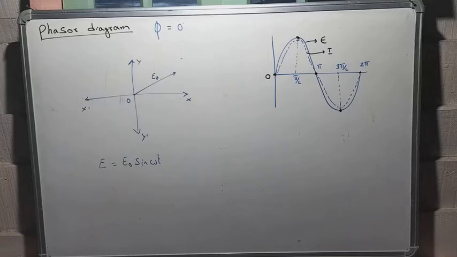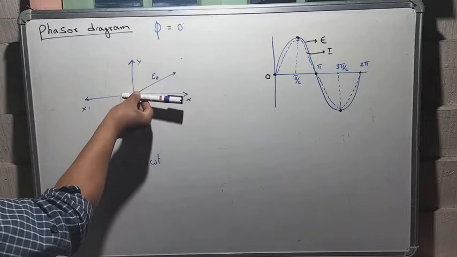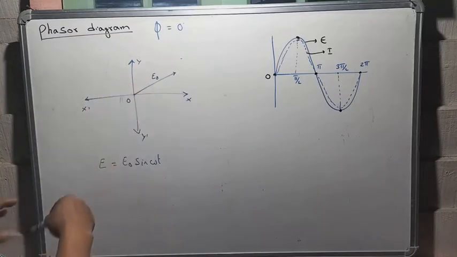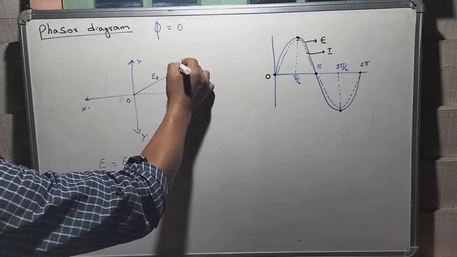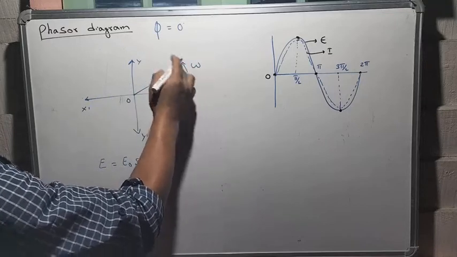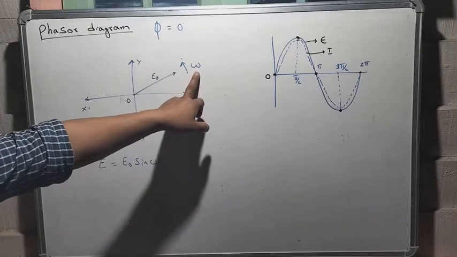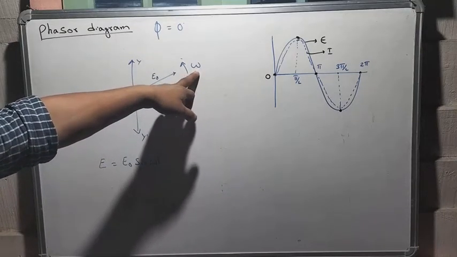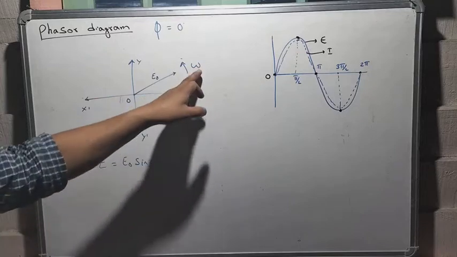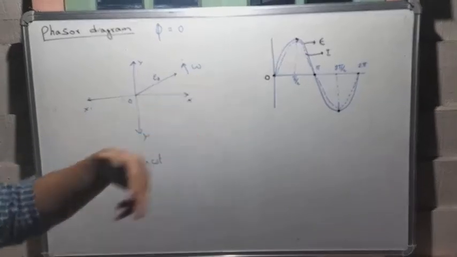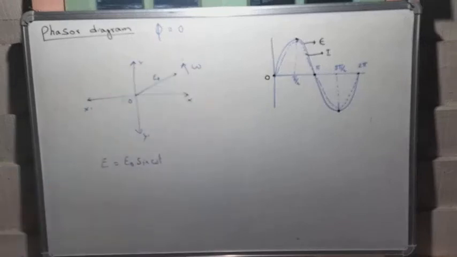Now let's say this vector E0 is rotating in the anti-clockwise direction with the angular velocity, which we denote by omega. This angular velocity is the same as the angular frequency in this case.